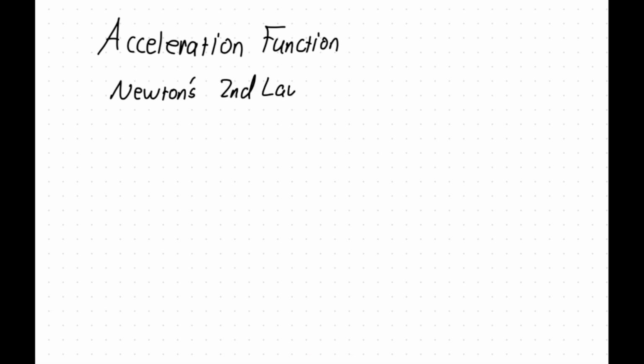So for my acceleration, the place that we usually start when we talk about accelerations is Newton's second law. Newton's second law says that our force, or our net force, is equal to mass times acceleration.